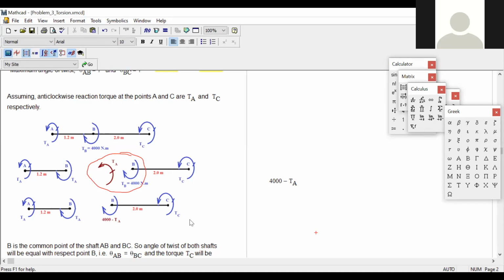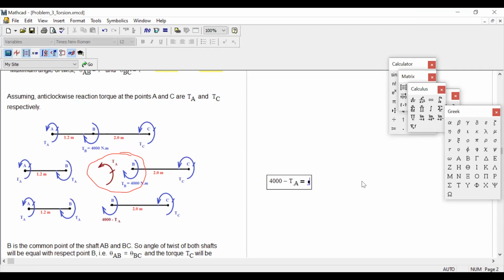So what will happen over here? This value is supposed to be equal to the other end of the torque. That means this will be equal to TC. So we have a simplified beam.